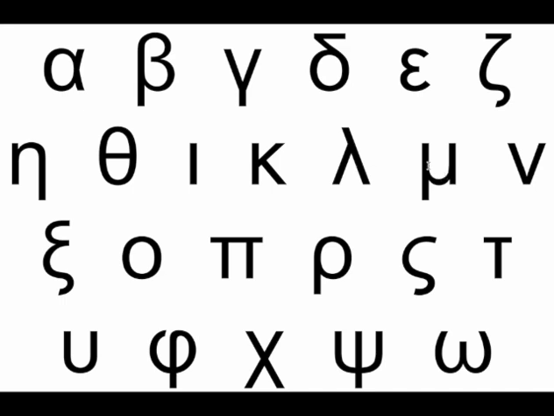Next is a mu. It makes an English M. A, V, G, D, E, Z, A, th, E, K, L, M. Next is nu, like an N. I know it looks like a V, but it's not.